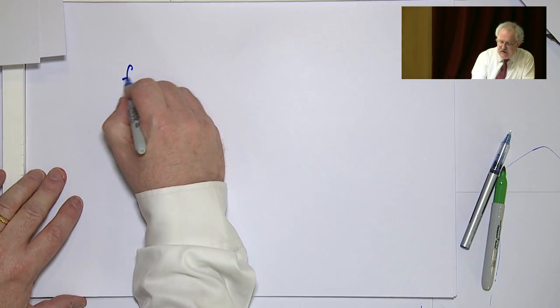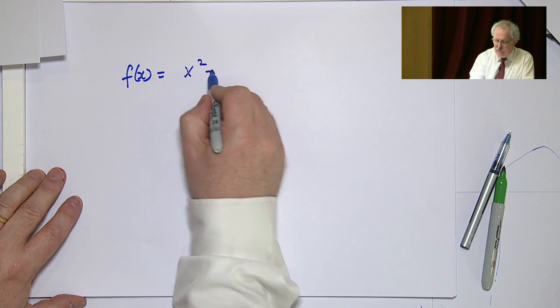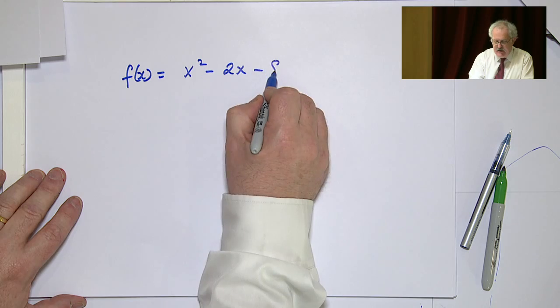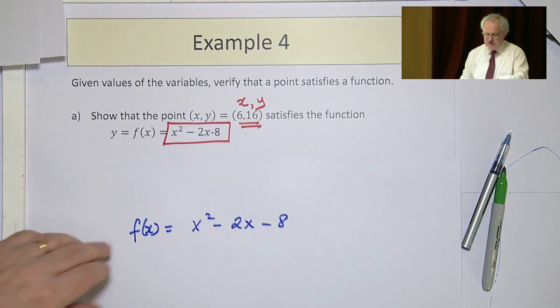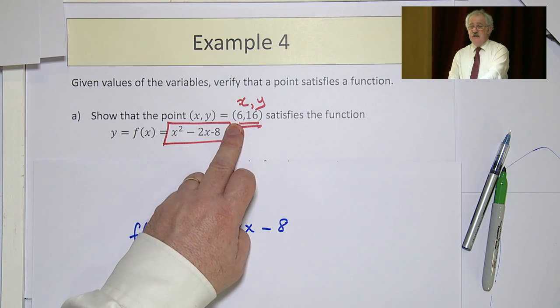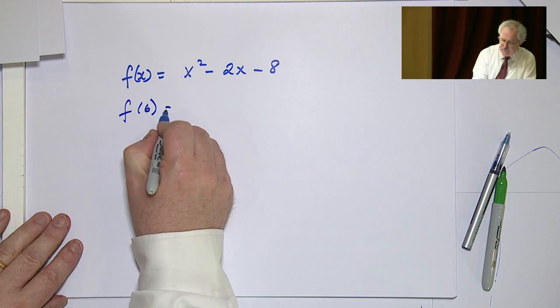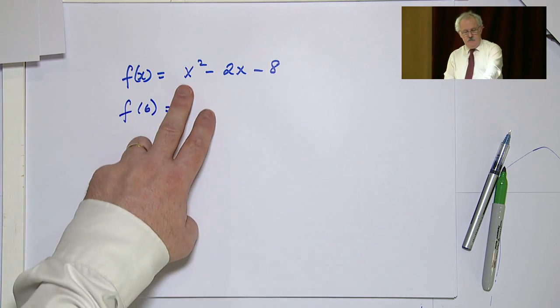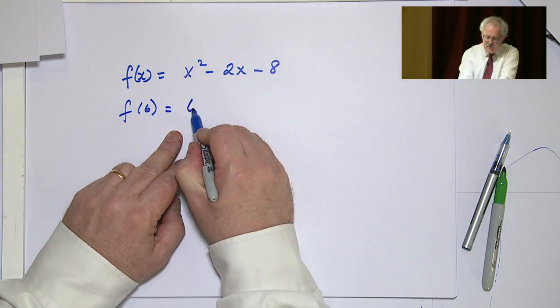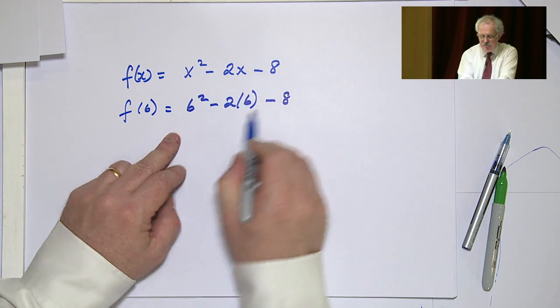The graph is f(x) equals x squared minus 2x minus 8. You won't always have the graph to compare it. And it says, is (6, 16) there? The x value is 6. So let's try f(6). 6 squared minus 2 times 6 minus 8.